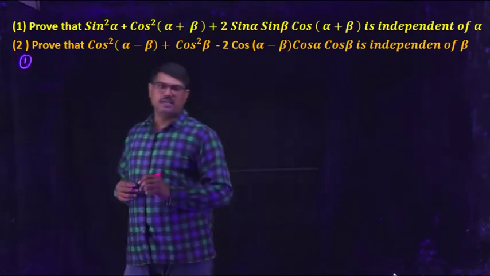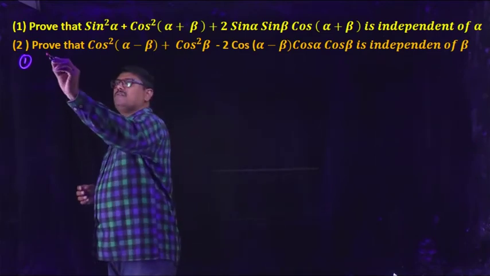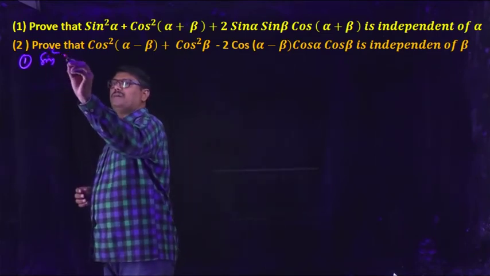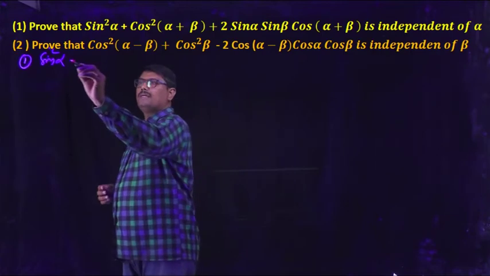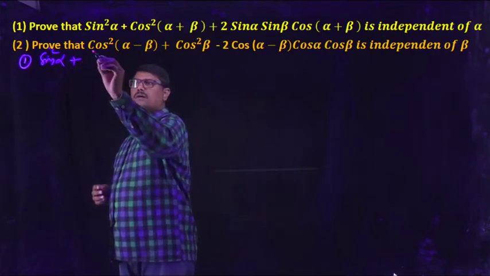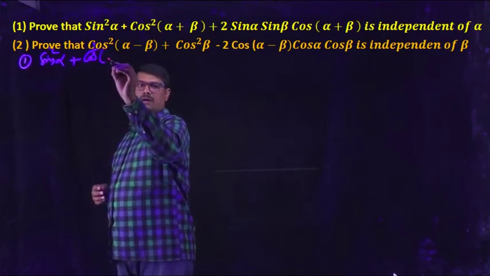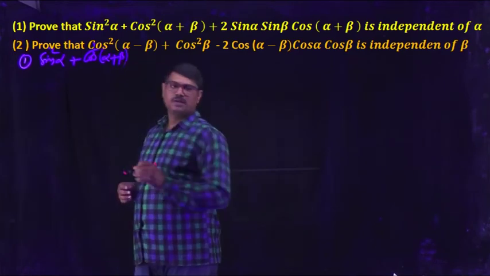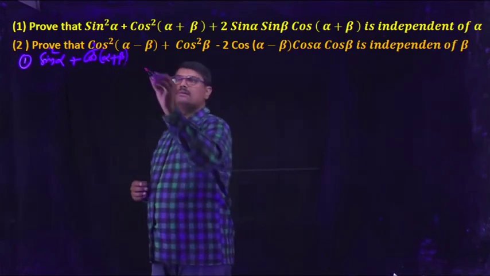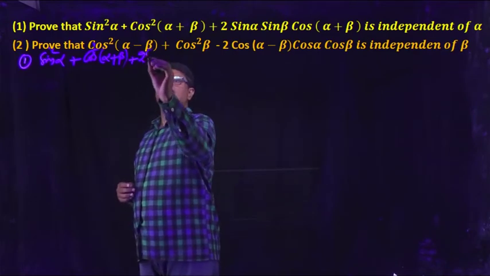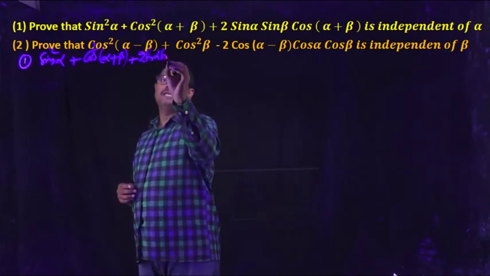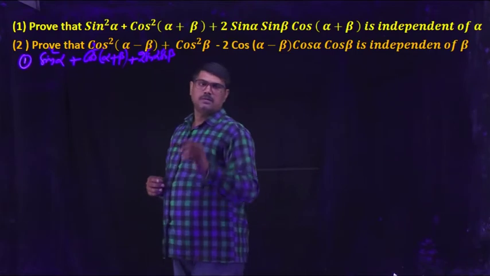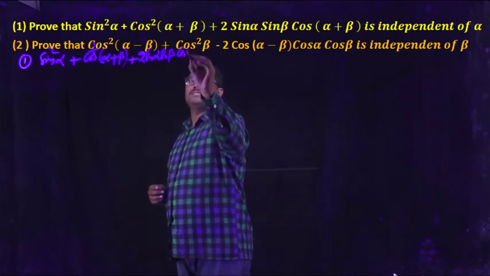Let us consider the expression again, which is sin square alpha plus cos square of alpha plus beta plus 2 sin alpha sin beta into cos of alpha plus beta.